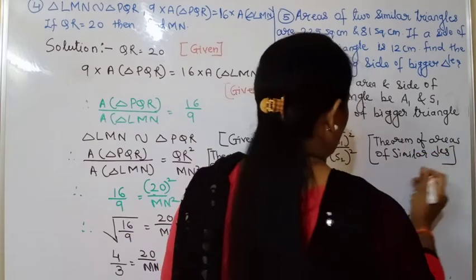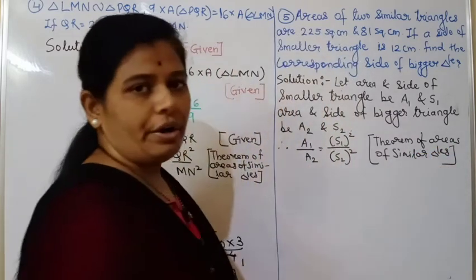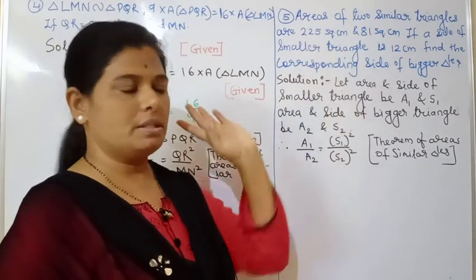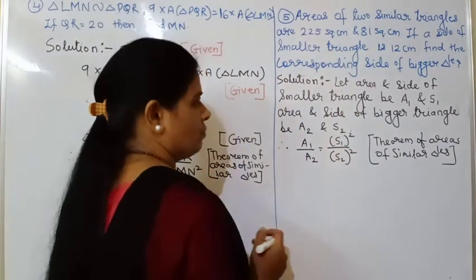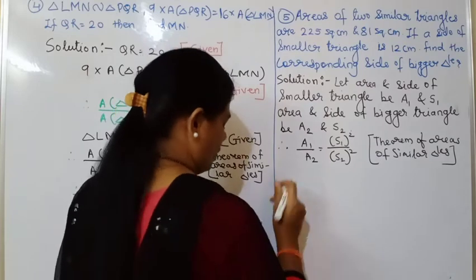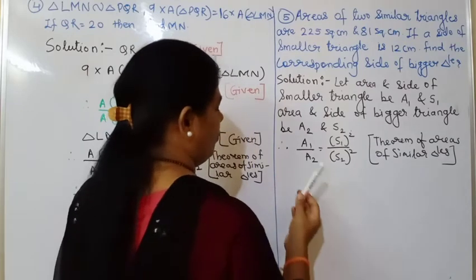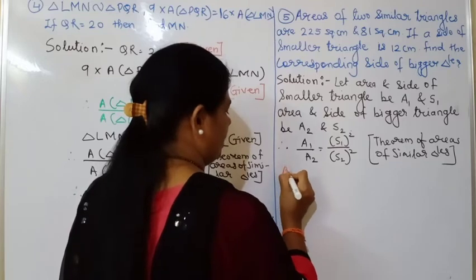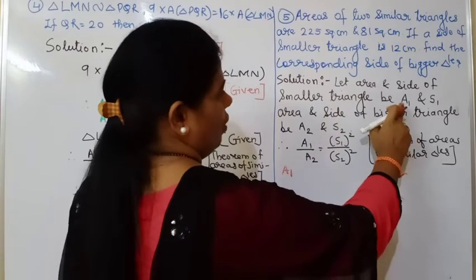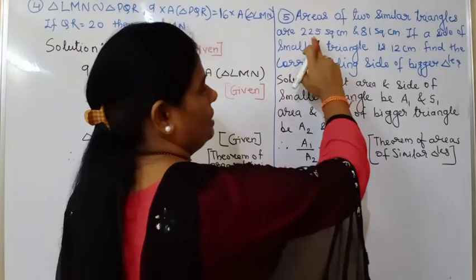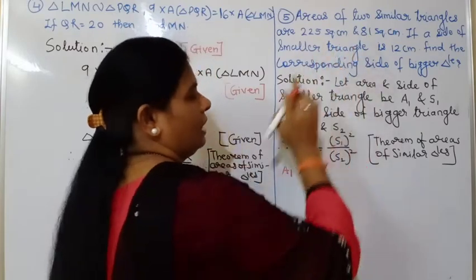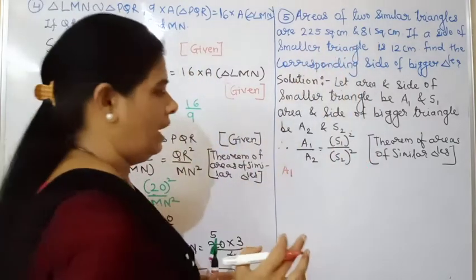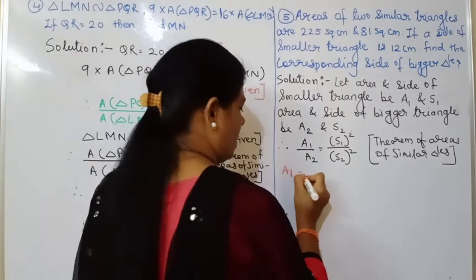Okay, we can use directly this theorem because already in the question they have given that the triangles are similar. Now see, for substituting the values, what is our A1? A1 is the smaller triangle. So if you see the measurements 225 and 81, which one is smaller? 81. So what will our A1 be?